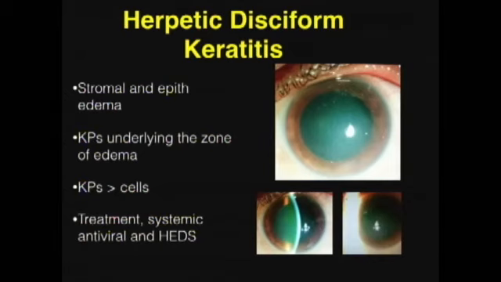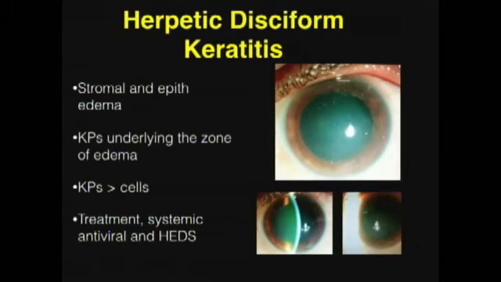And the reason some people classify this as an endotheliitis is because there is not much active inflammation in the stroma at the beginning. Later on, you might develop scar, edema, and new vascularization. But at the beginning, it's mainly endotheliitis, and that's why you have the KPs overlying the stromal and epithelial edema.